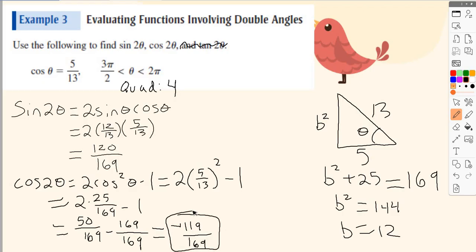Which is much different than 10 over 13, right? If I just multiplied by 2. Which is why we have to use our formulas. What questions do we have on either one of those? Okay, those were our double angle.